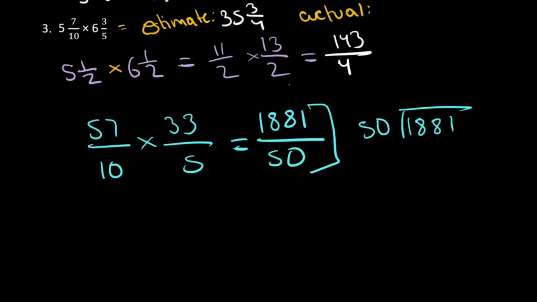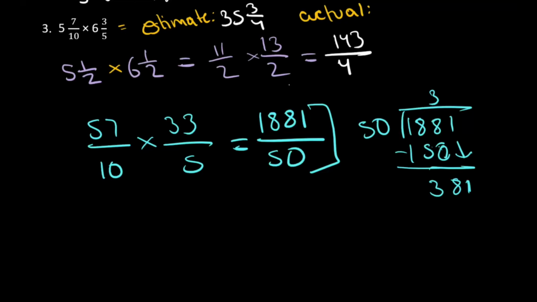1881 divided by 50. We're basically dividing it by 5, but yeah. So 50 goes into 188 twice. Actually thrice. I'm sorry about that. Thrice, and that would be 150. And then 8 minus 0 is 8, and 8 minus 5 is 3. And we drop down the 1.